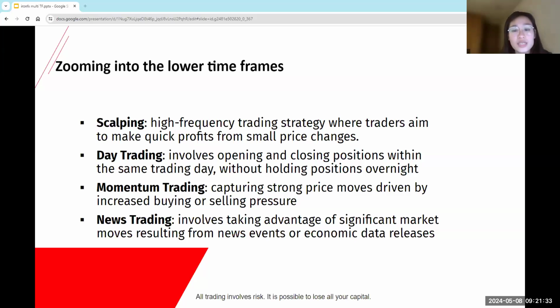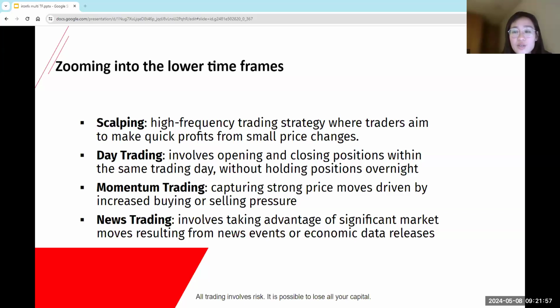It can be like your MACD, which is your moving average convergence divergence, as well as your RSI, relative strength index, and maybe even stochastic oscillators. Because these indicators often will identify your momentum opportunities better than other indicators.